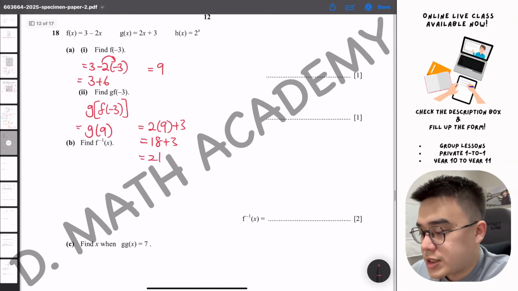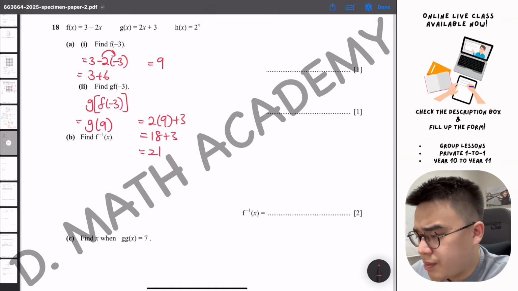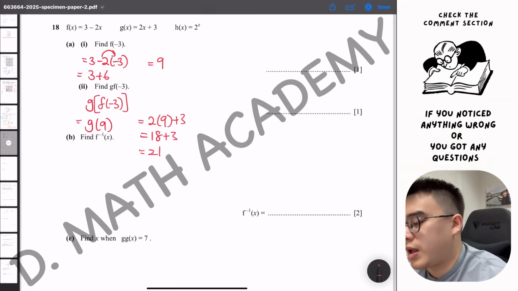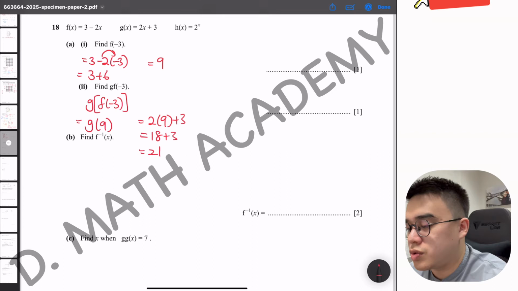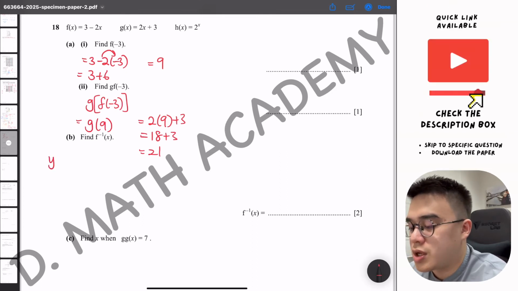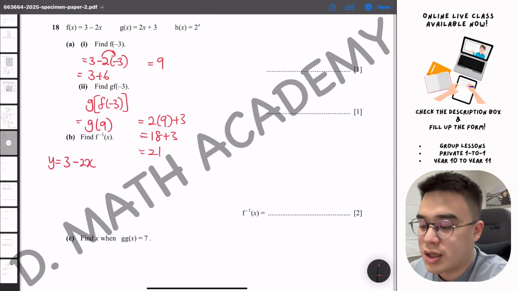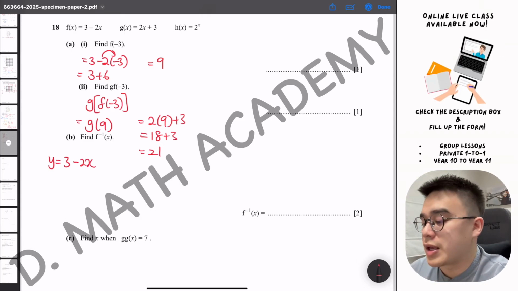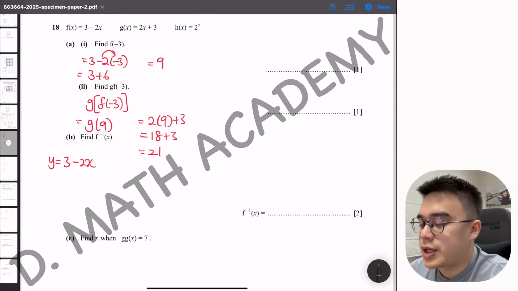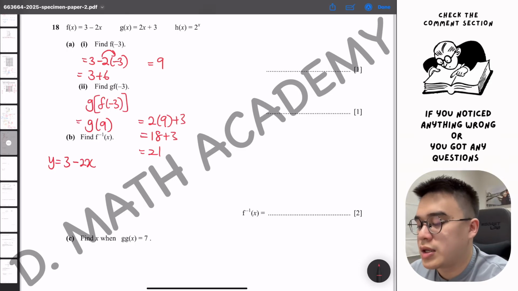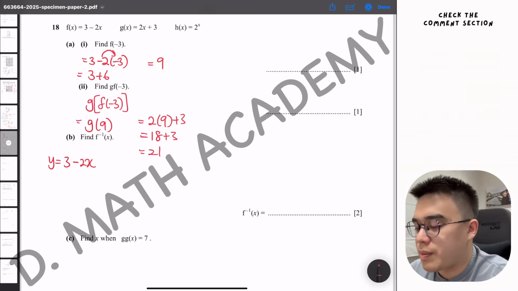Now we are at part b here. F inverse x. So what you're supposed to do is to use the steps where you replace the original f(x) as y. This is my method. First step is to replace the f(x) as y. The next step is to swap them.